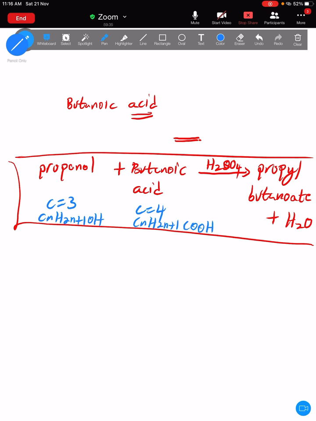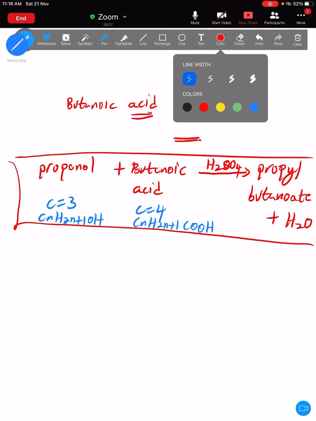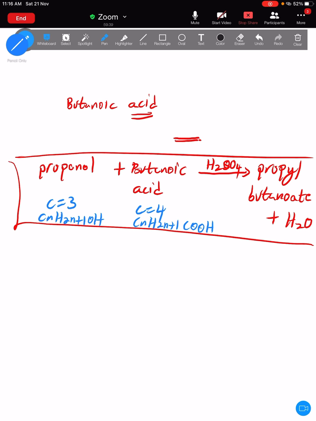You substitute accordingly. Then 3 carbon, you substitute: C3H7OH plus C3H7COOH. Then it will give you... guys, so far so good?